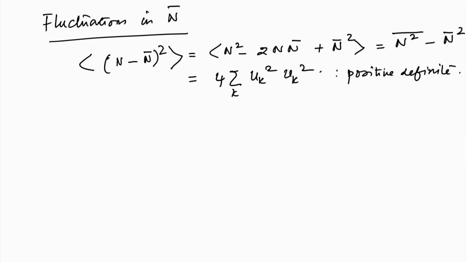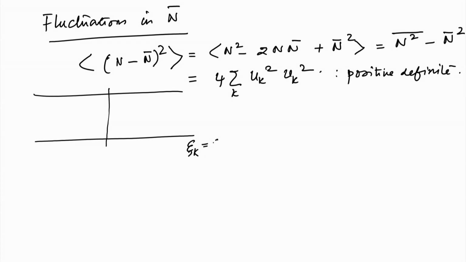So, if you write down the variation of this, so this is my epsilon_k or xi_k, which is equal to epsilon_k minus mu, and the V_k drops from 0 to 1, and this is my superconducting gap delta.